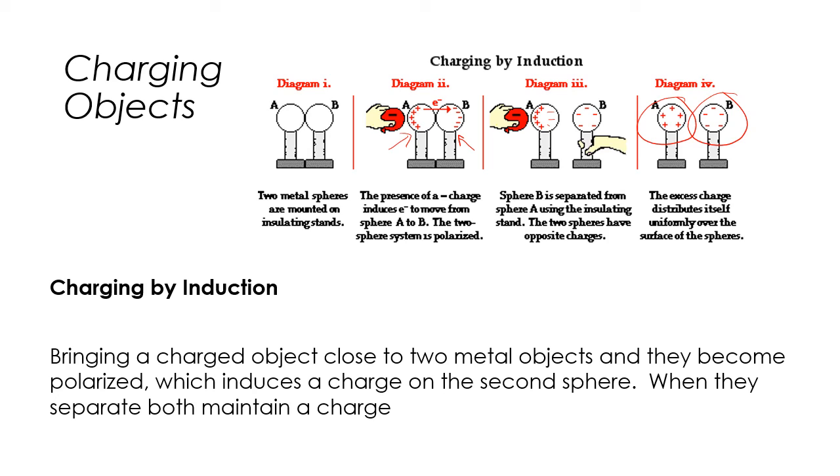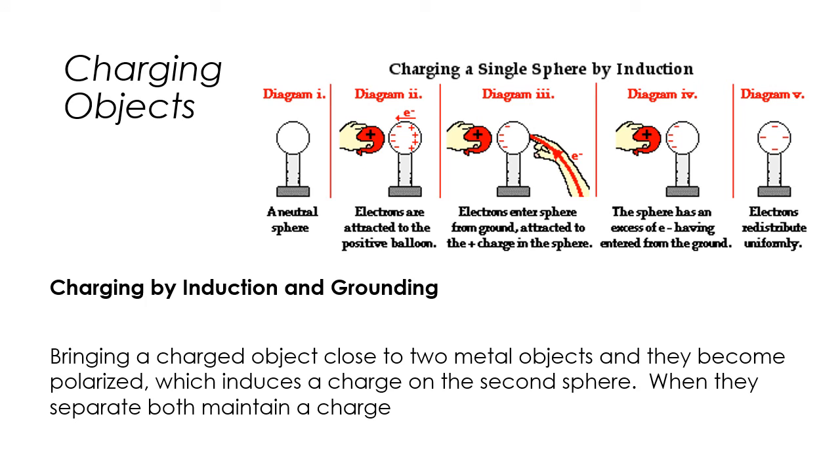We just forced electrons away to another point without actually touching it or adding electrons or taking them directly away from it. Okay, we just induce them over from A into B. Hopefully that makes sense.